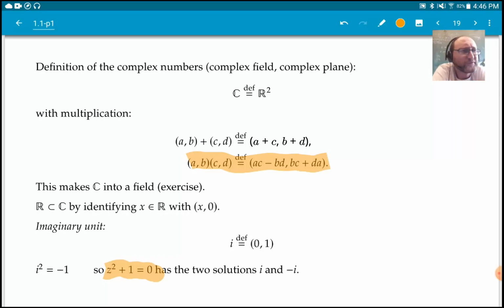Now, another way of getting at the complex numbers is not to define it this explicitly, but to start with R as a field, and adjoin a root of this polynomial. And you get this, everything's the same. So that's just a more algebraic version. There are really two roots.